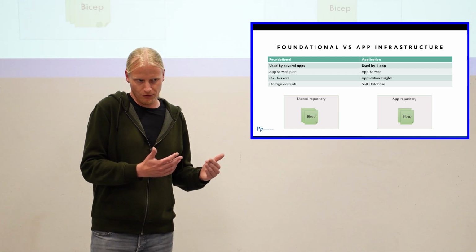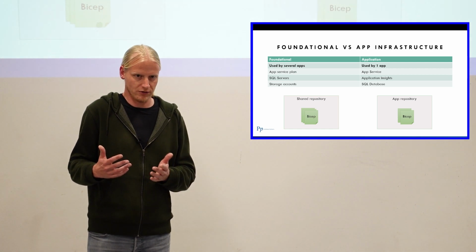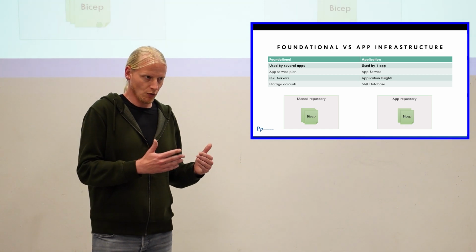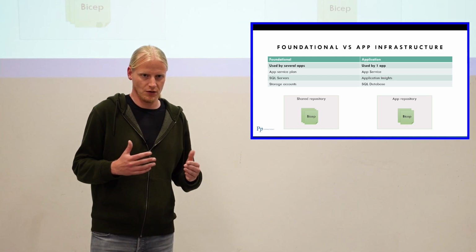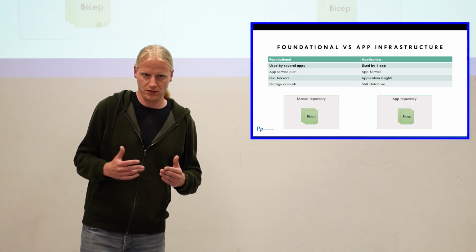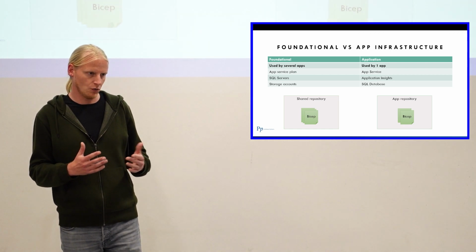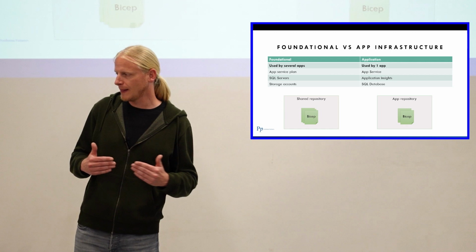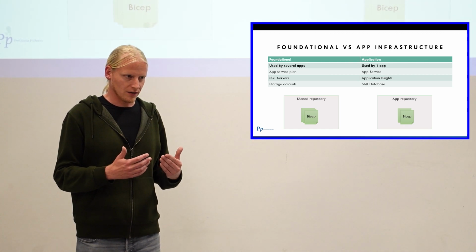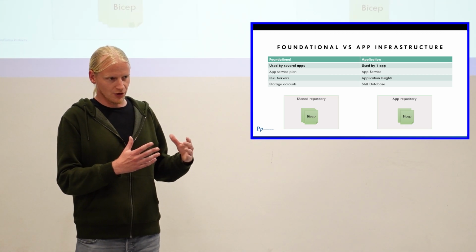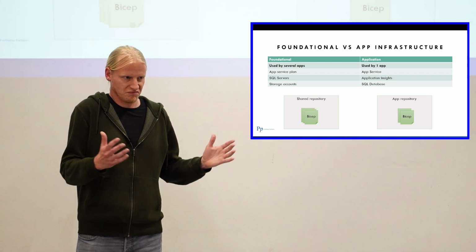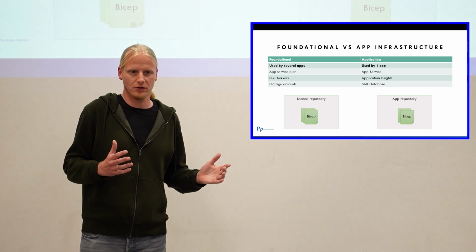But sometimes maybe for cost savings or for compliance reasons or other reasons, you may want to share certain resources with different applications. For example, maybe a database server would be shared. In those cases, you would want to keep the code files separate in some kind of infrastructure or shared repository.